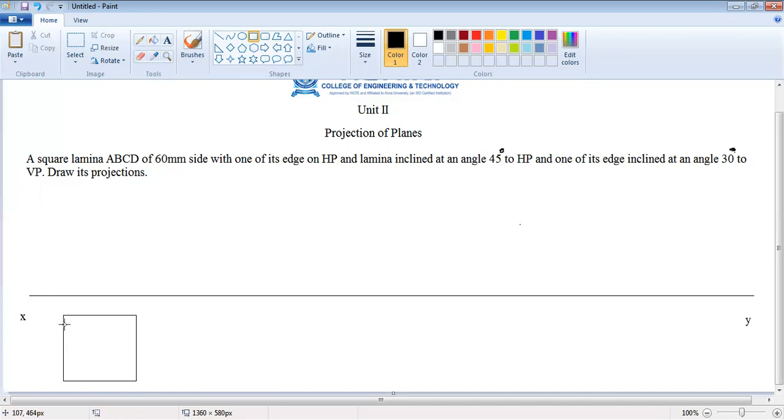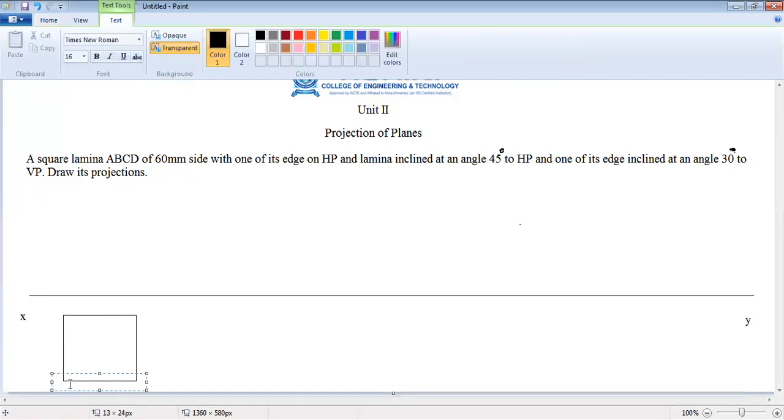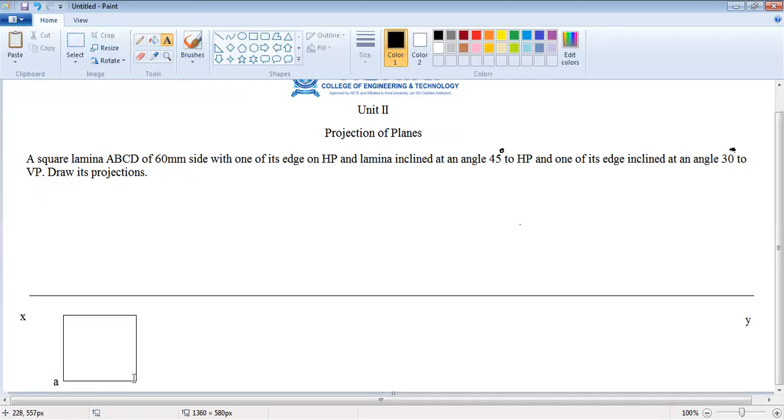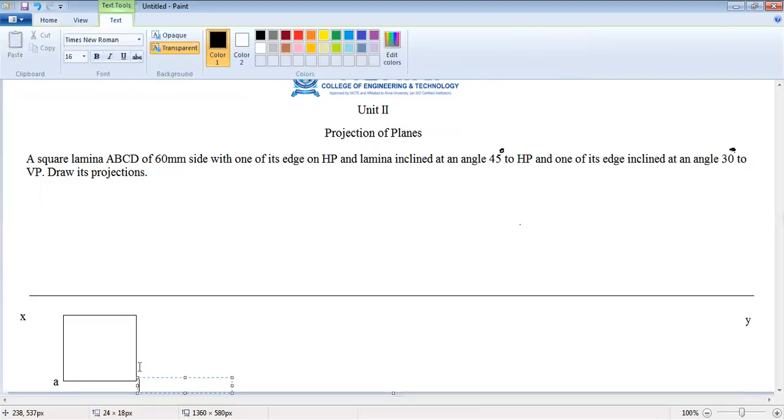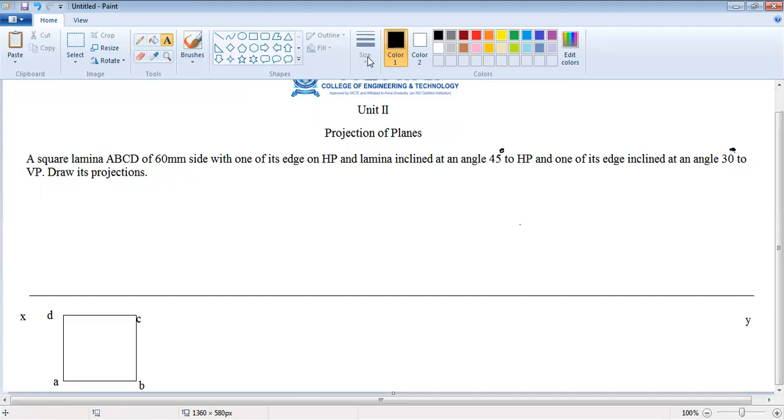In the top view we can see the full surface of the square, and then the edges, as they have already given us, edges A, B, C, D. The same we mark it here, A, B, C, D. Mark the square.